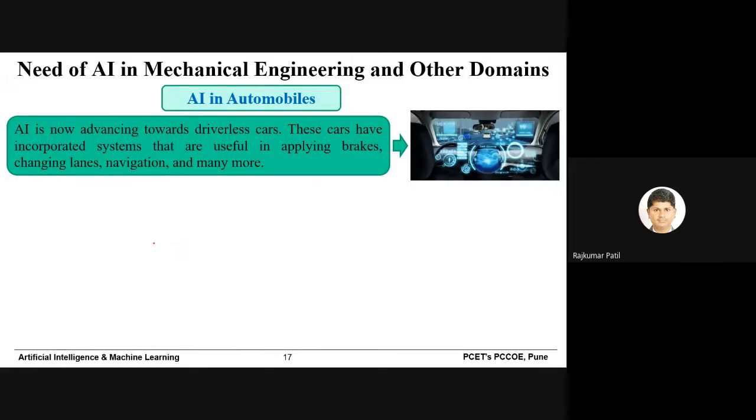So when we talk about the autonomous vehicle or driverless car, such a situation may also arise, and it is the responsibility of the AI engineer to train the system in such a way that if such unavoidable circumstances come, the vehicle will be controlled. So that is an important approach.